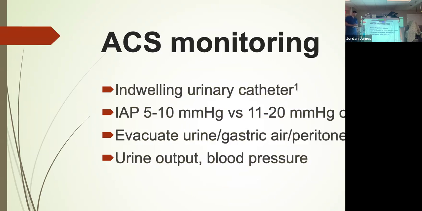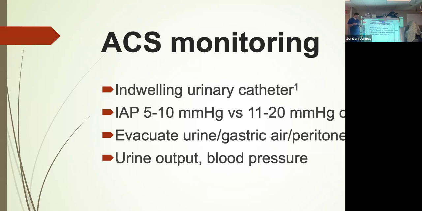When we're monitoring for this after surgery, if that's of concern, the best way to do this is actually with an indwelling urinary catheter. A lot of these patients, it's a good idea to keep that bladder decompressed and to keep the stomach decompressed with the nasogastric tube. But if we have that indwelling urinary catheter in, we can actually use that to monitor abdominal pressure.